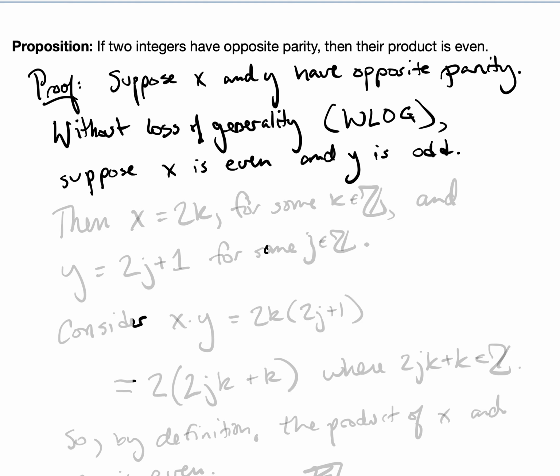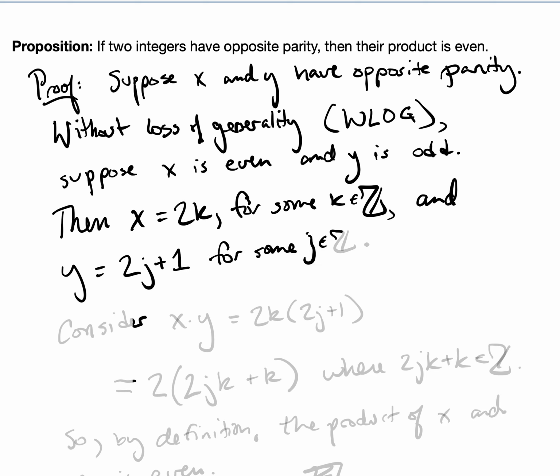But here we can assume x is even and y is odd, then x is equal to 2k for some k in the integers, and y is equal to 2j plus 1 for some j in the integers.